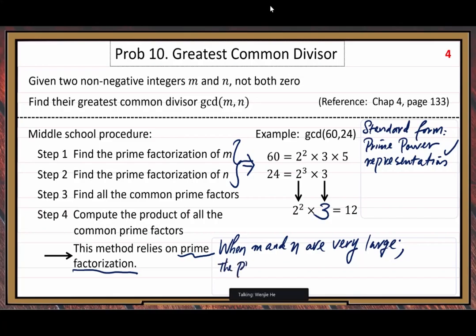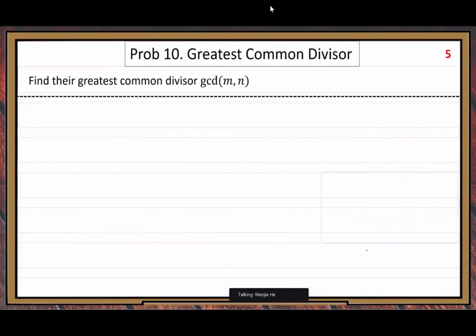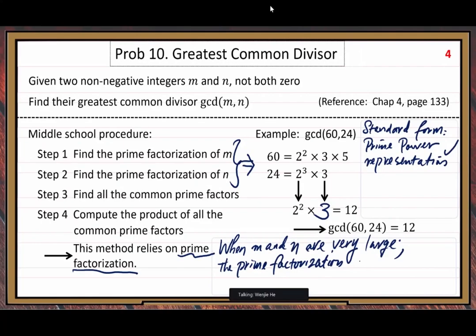The prime factorization is extremely slow. How slow is it? Hard to imagine. Even with the powerful computers we have today, it is still too slow.